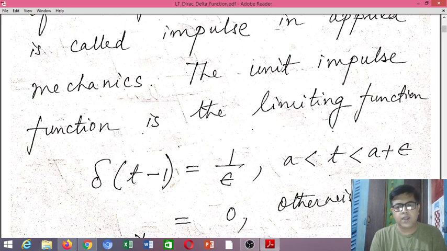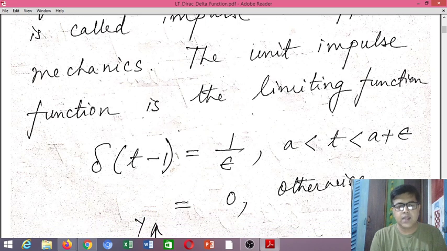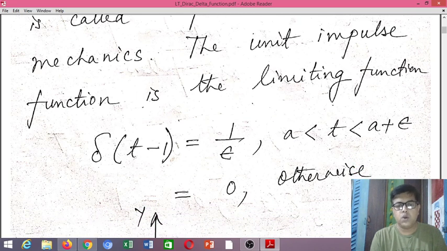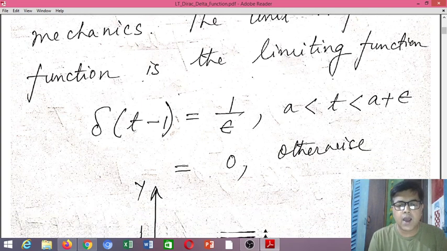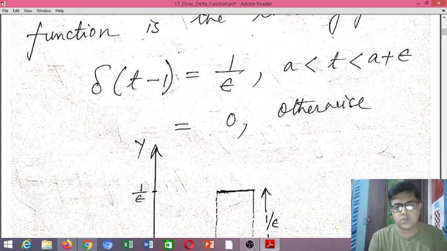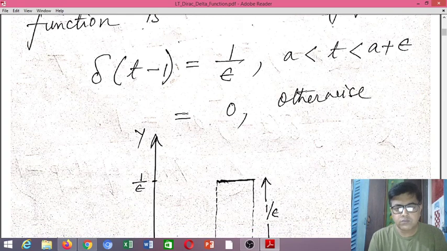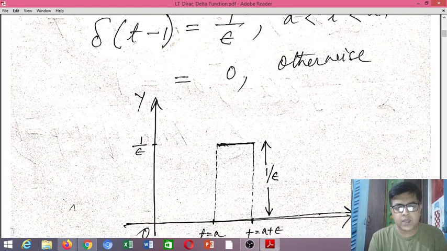So we define the unit impulse function as delta t minus 1 is equal to 1 by epsilon, for t varying from a to a plus epsilon, and is equal to 0 otherwise. If you look at the graph of this function that I have written here, we will get a graph something like this.